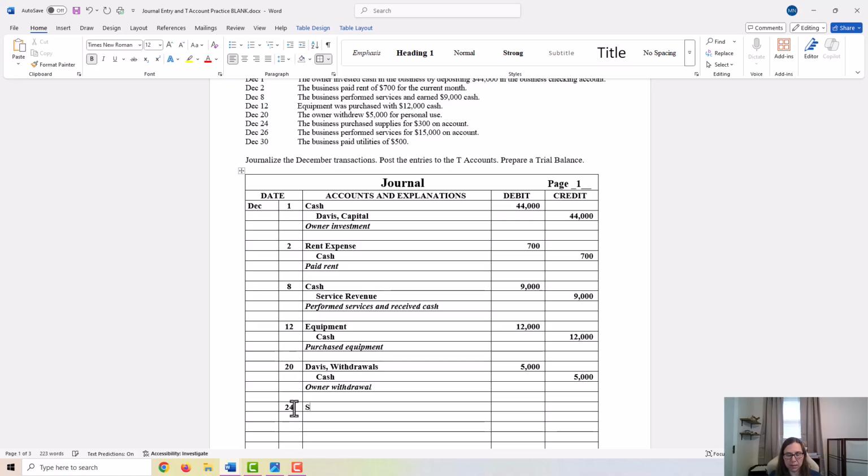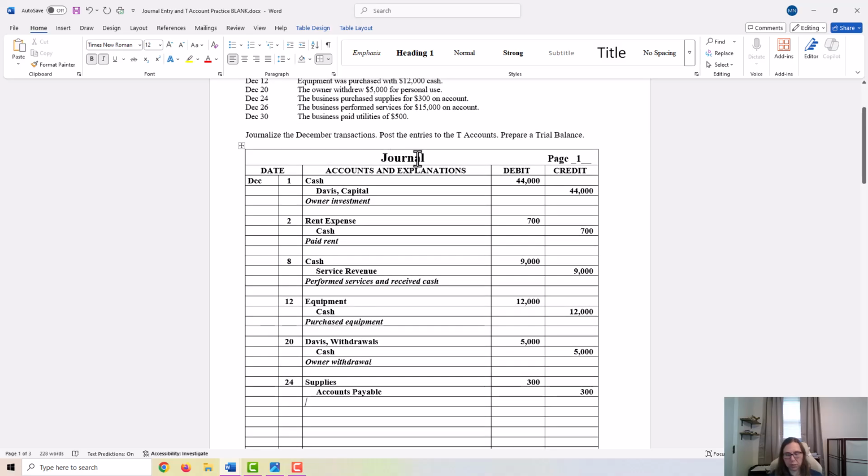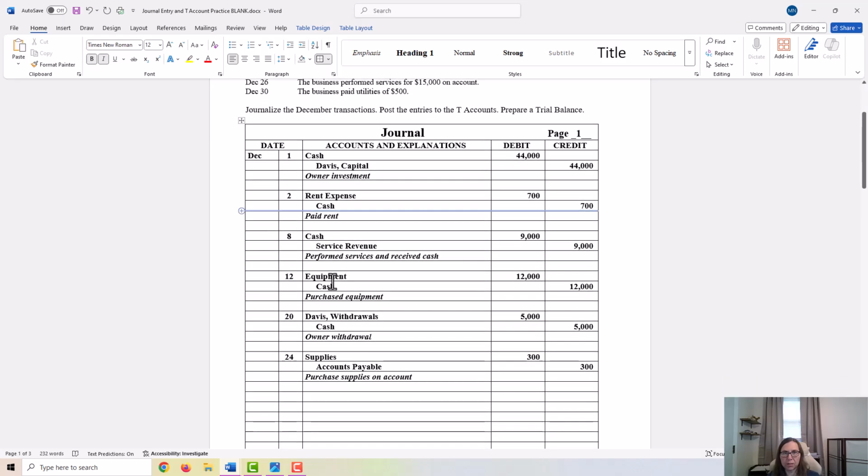We're adding to an asset, which would be a debit. And then we're adding to accounts payable. When you add to liabilities, that's a credit. And then for the description, I'm just going to put purchase supplies on account. In real life, I would maybe put the vendor name in here also, but since I don't have that information, I'm going to skip it.